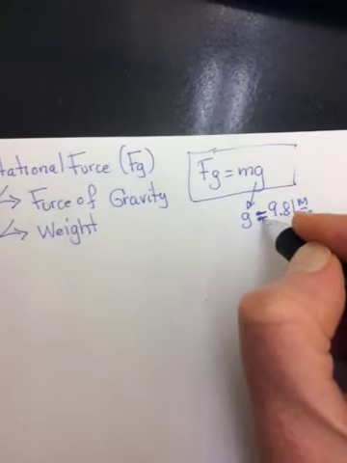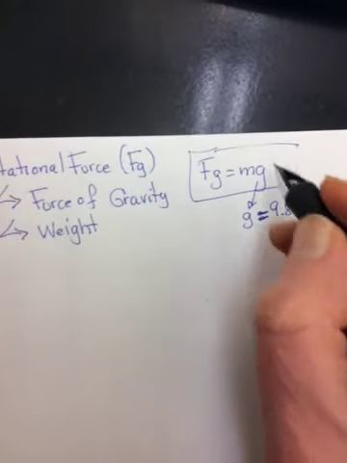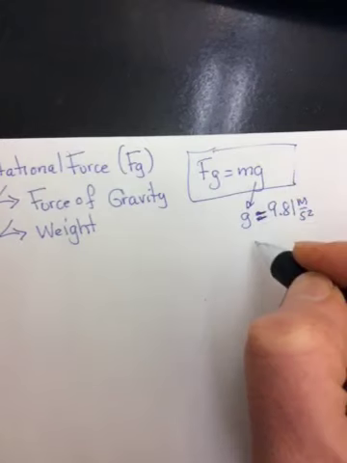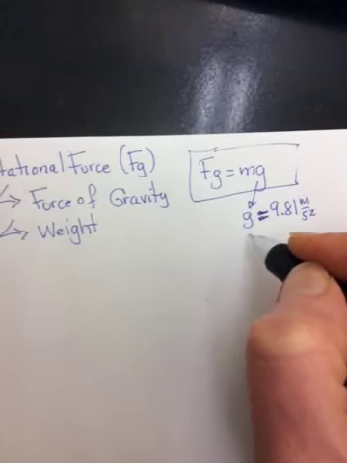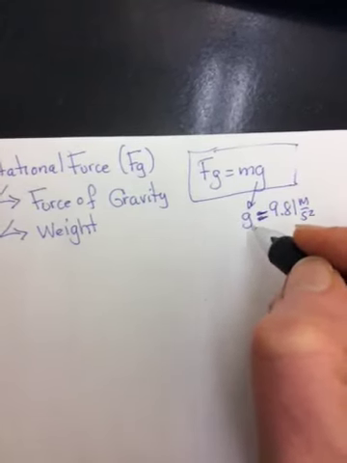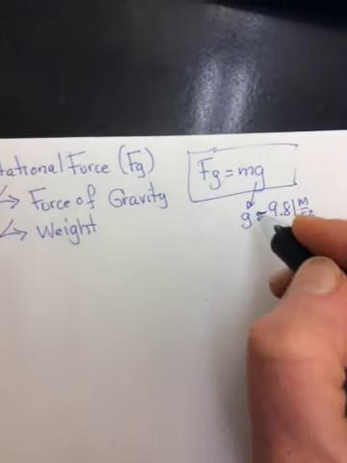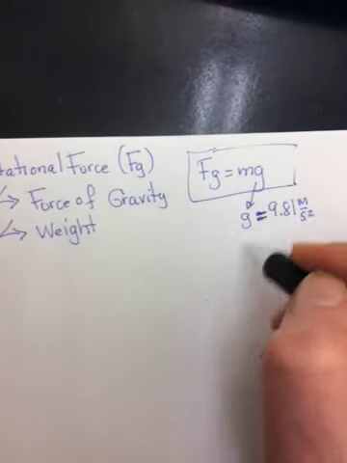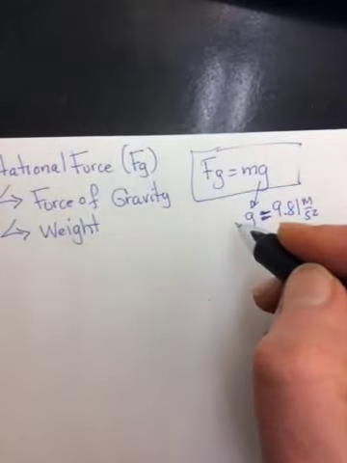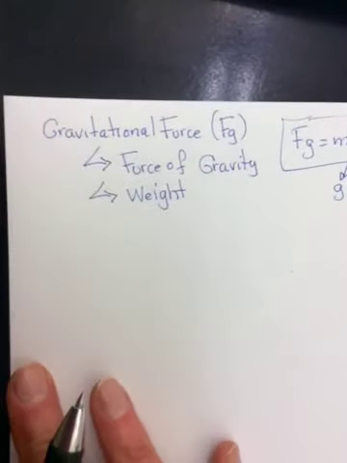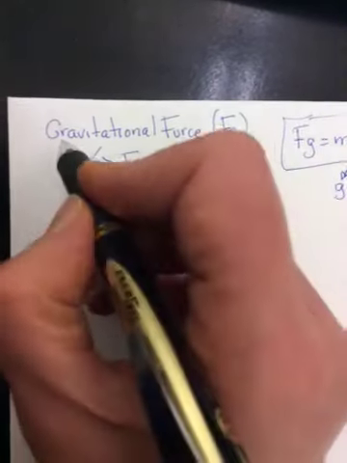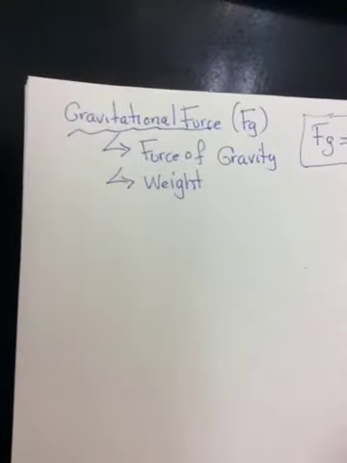It's just not going to be 9.81. It will change. Okay, so this is known as the acceleration due to gravity, or it's also called the gravitational field strength. And the field is the area around the Earth that as long as you're in that area, you're going to feel a force on an object. And those of you in Science 12.2, you've heard that before. Okay, so that's the gravitational force.